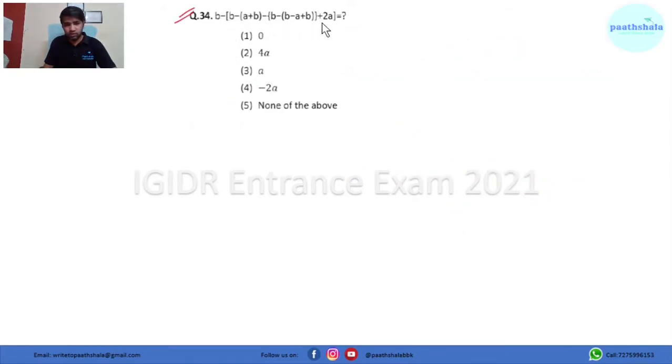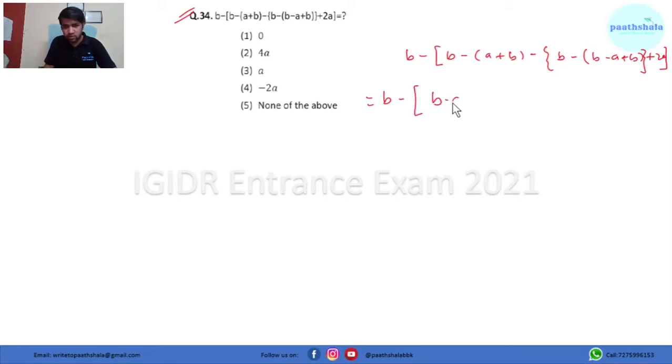In this question, we have to find out this value. So this is minus b minus a plus b minus curly braces b minus a plus b plus 2a, and close the curly braces. So first open the small bracket.